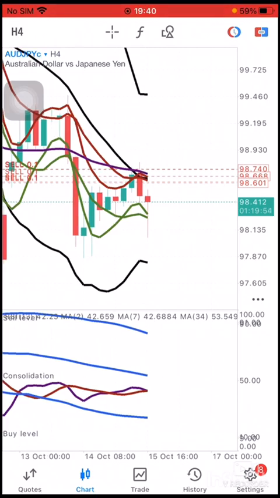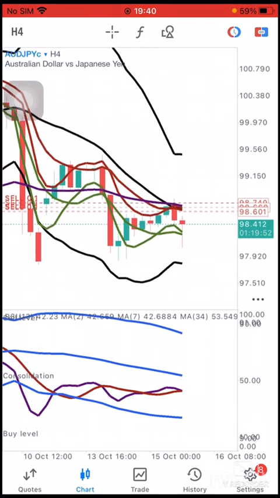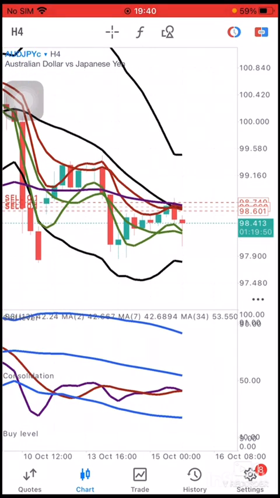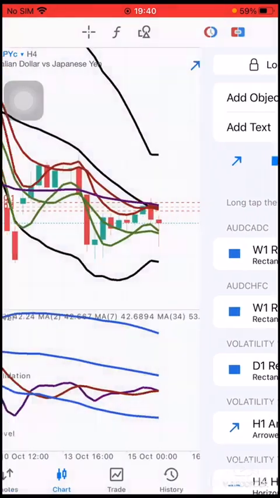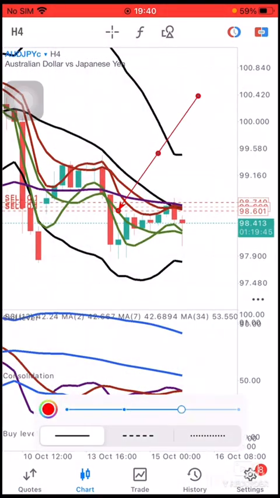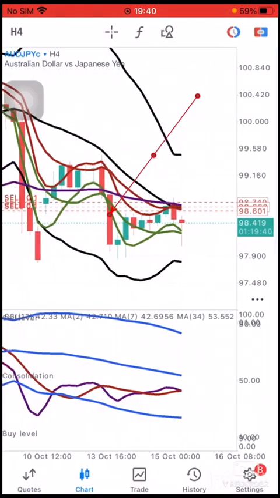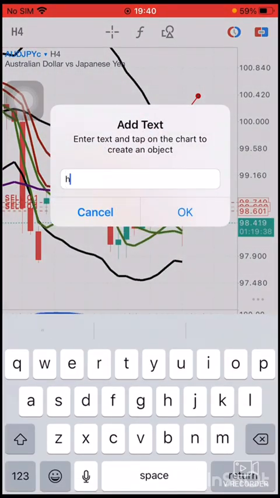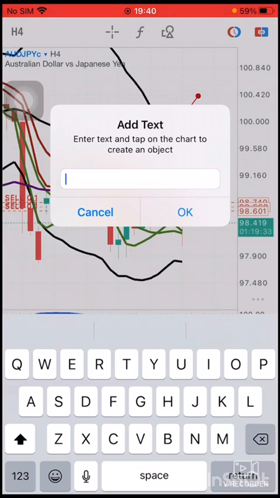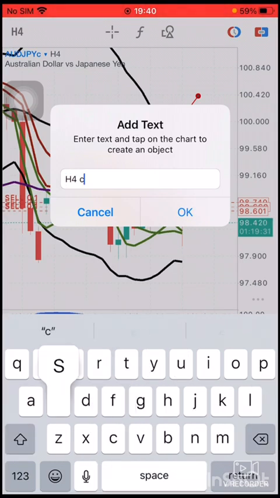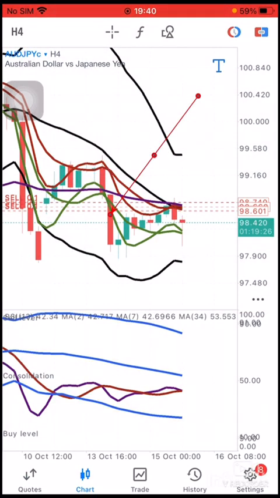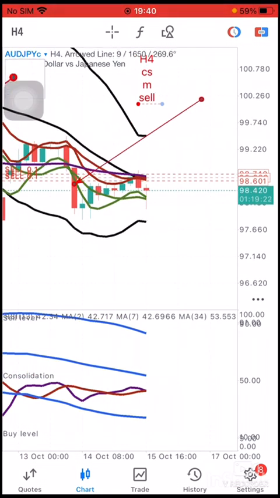You go to your 4 hours time frame. 4 hours H4 CSM sell. This candle is called H4 CSM sell.